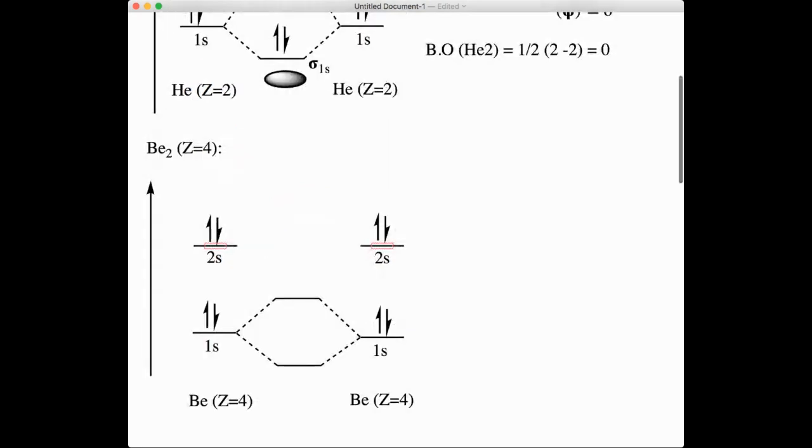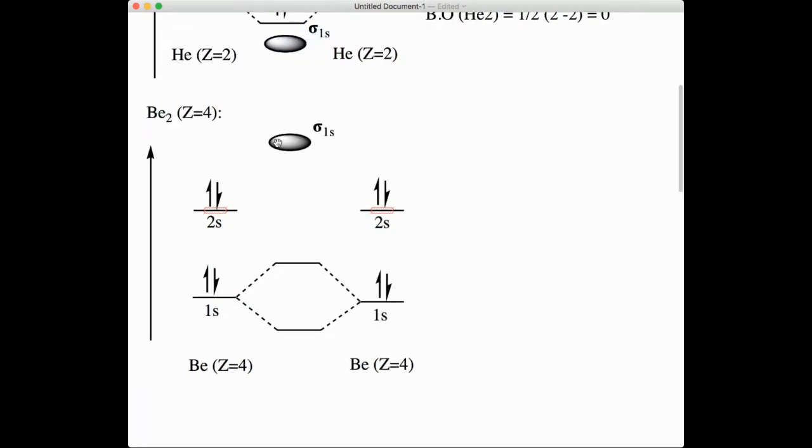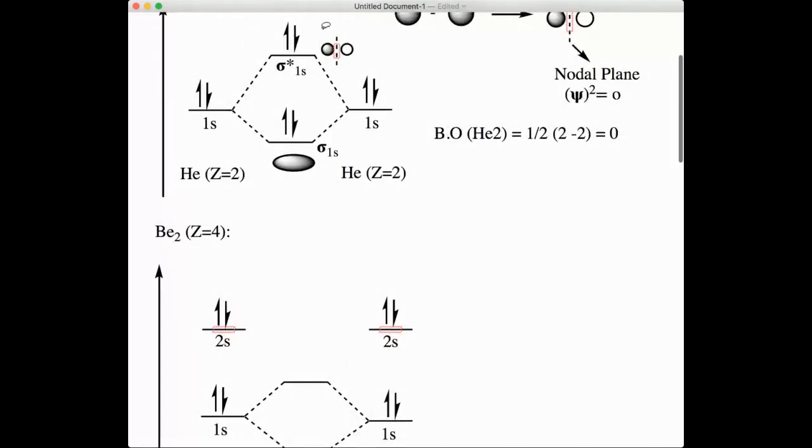Similarly as before, the in-phase combination leads to a sigma bonding molecular orbital, and the out-of-phase combination leads to a sigma antibonding molecular orbital.